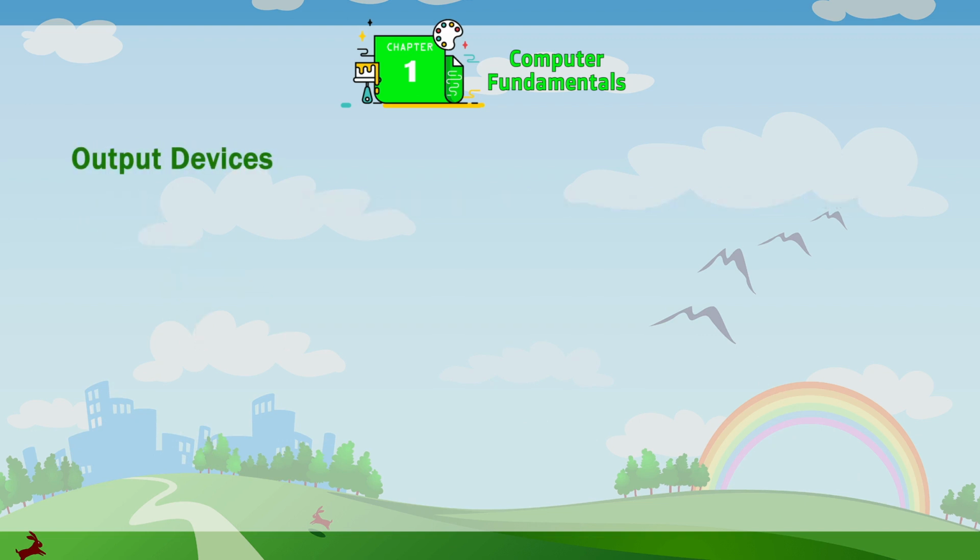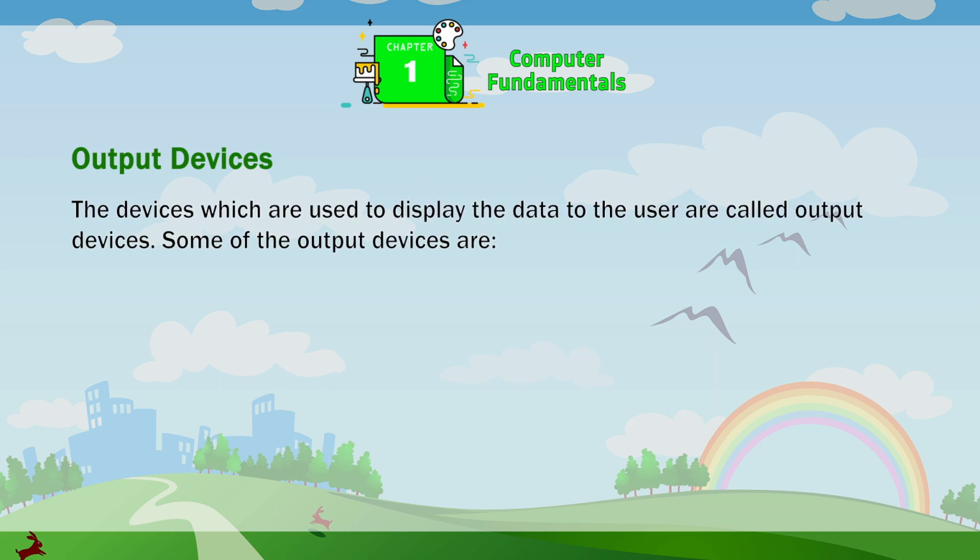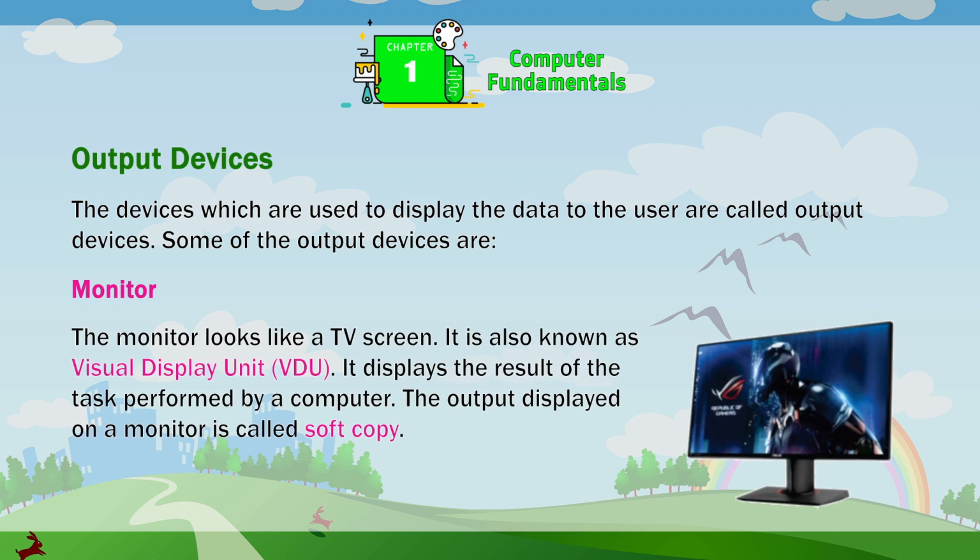Output devices. The devices which are used to display the data to the user are called output devices. Some of the output devices are monitor. The monitor looks like a TV screen. It is also known as Visual Display Unit, VDU. It displays the result of the task performed by a computer.